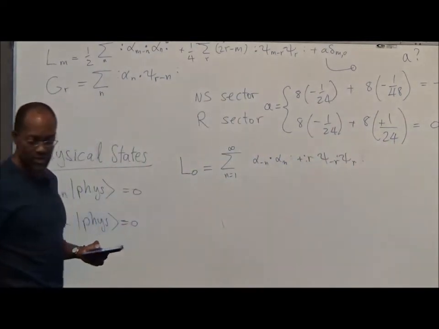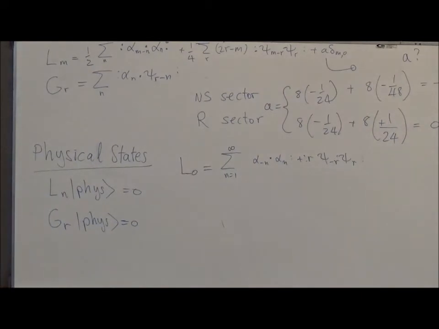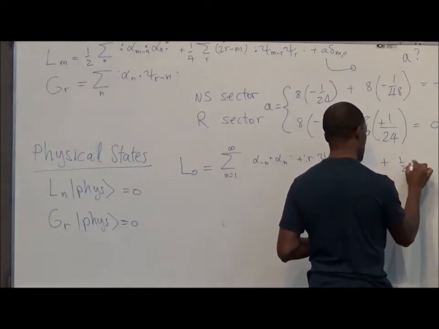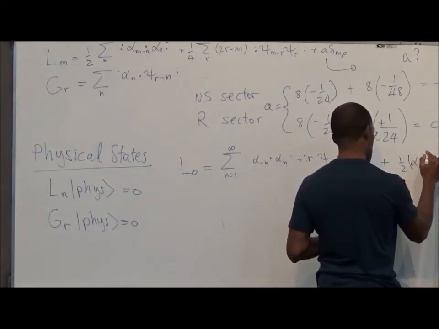Okay, but there's one creature that doesn't fit in that sum, and that's the n equals 0 sector. So let's write that out, and that is 1/2 alpha 0 squared.